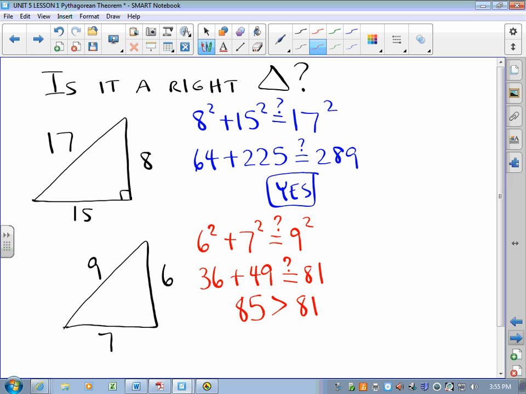So this is not a right triangle. In fact, it's an acute triangle. If the sum of the squares of the legs is bigger than the square of the hypotenuse, if the c squared is less than the rest, I've got an acute triangle, not a right triangle.